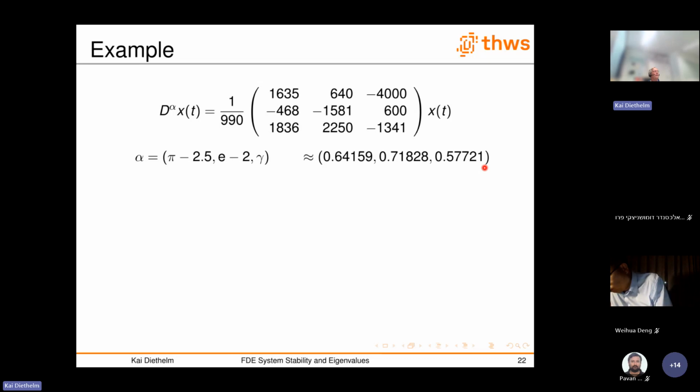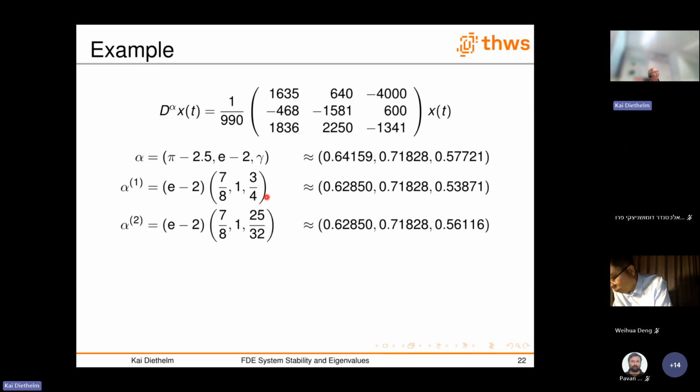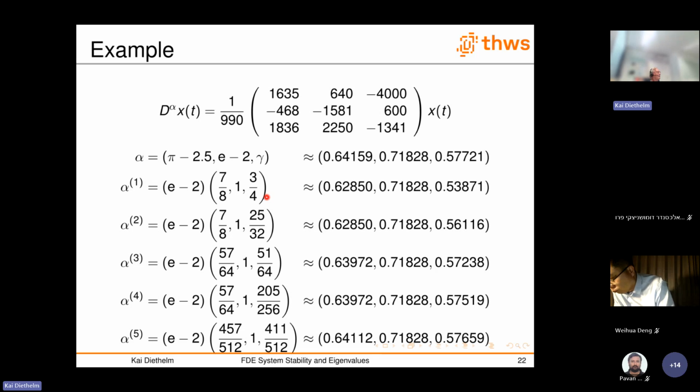What we can then do is approximate those 3 numbers by something which has this rationality property. So for example, you can use those numbers here, which come in when you replace pi minus 2 by 7 over 8, pi minus 2.5 by 7 over 8 times e minus 2, and so on. And then you can improve and improve and improve the approximation and improve once again.